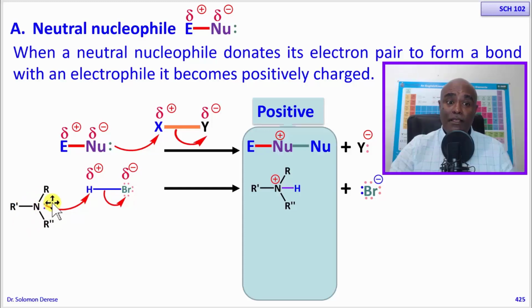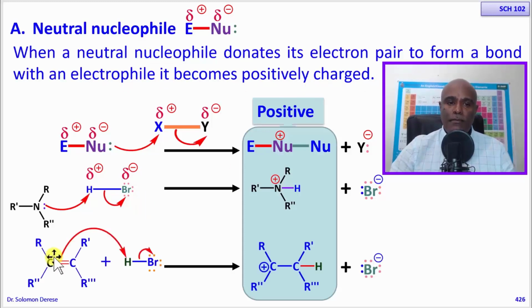When this amine uses its electrons to form a bond with this hydrogen, it is basically donating its electrons. When an atom donates its electrons to form a bond with an electrophile, it for sure becomes positively charged. So when a neutral nucleophile donates its electron pair to form a bond with an electrophile, it becomes positively charged.